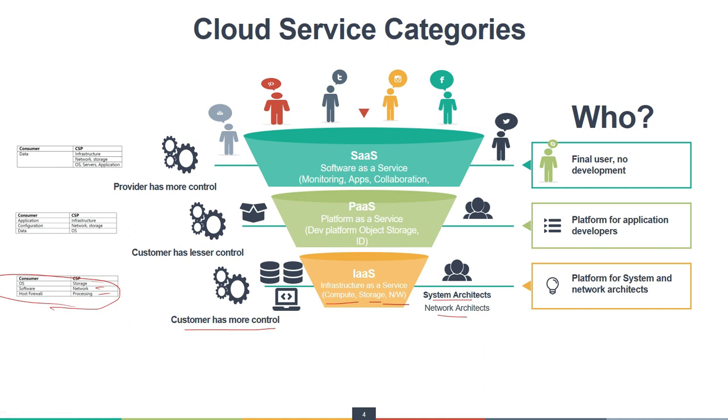In terms of cost, we have a benefit. You don't need to spend money on buying and managing the hardware as the need for additional resources grows. In addition, the customer also benefits from the cloud provider paying for and managing the physical security for the data center. You don't need to worry about the space, power, etc. and the different things in the data center that are on the cloud service provider.